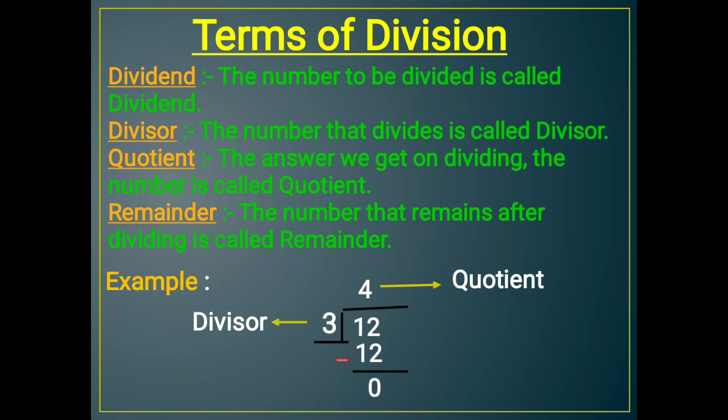The answer we get after dividing is called the quotient. The number to be divided is called dividend. And last is remainder. The number that remains after dividing is called remainder.